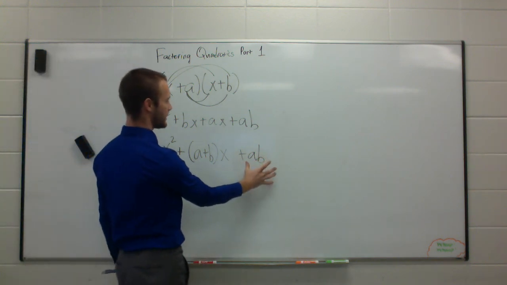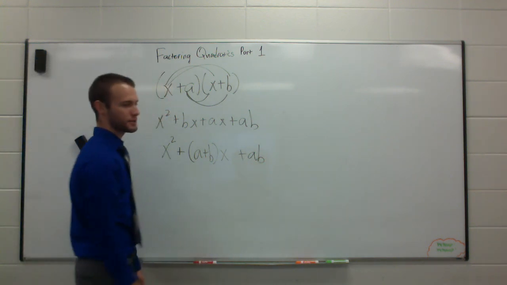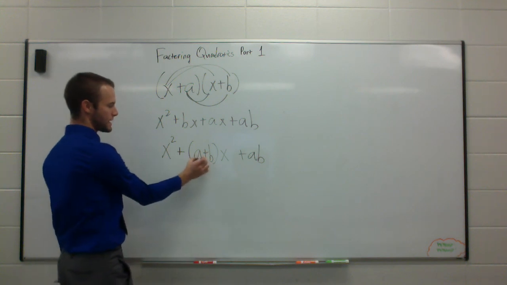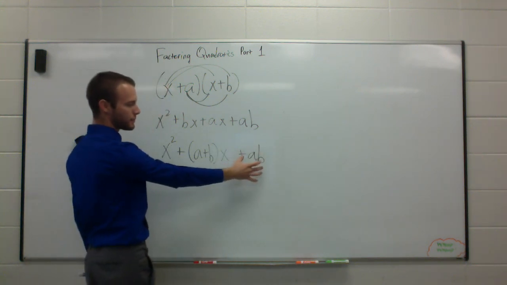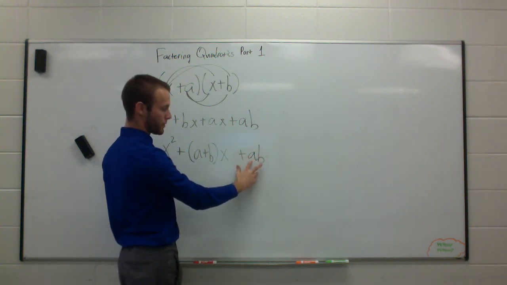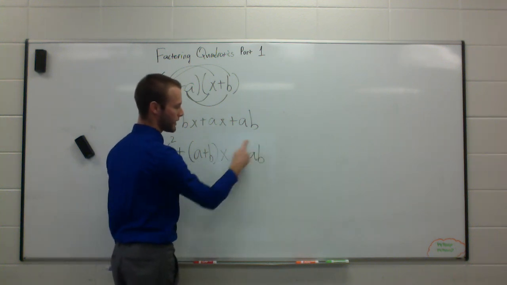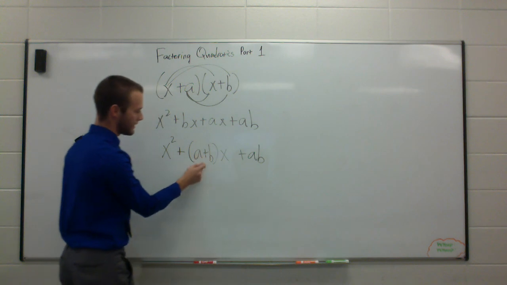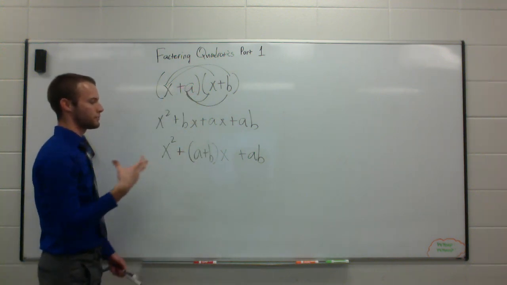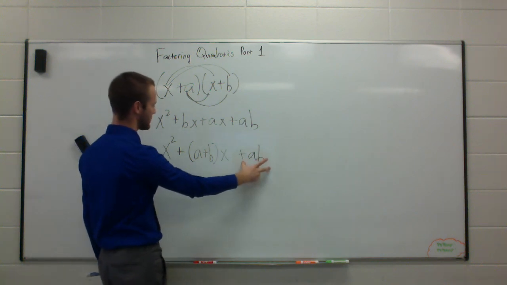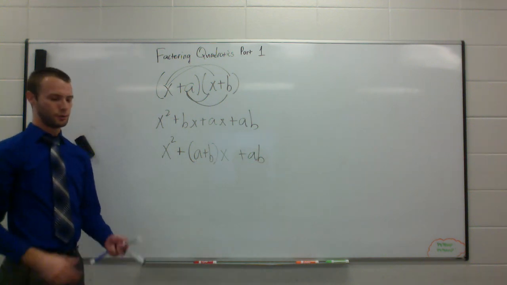And you see here the last one is a times b, and the middle one is a plus b. So in fact, if you were factoring anything, it would make sense that you would find two numbers, a and b, that multiply to create your last term and then add to create your middle term. And this works the same if one of them's negative, it's still going to multiply to the last one and add to the middle one.